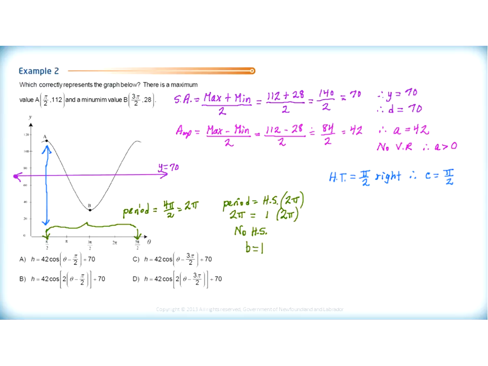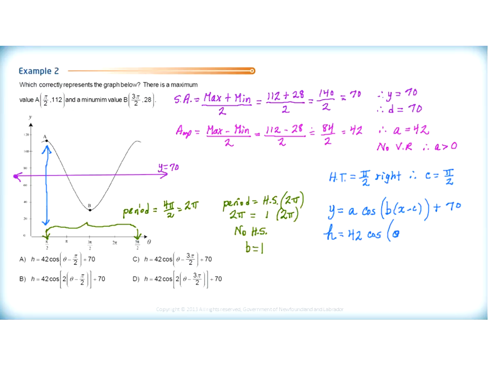And now in terms of cosine, the graph y equals a times the cosine of b times x minus c plus d can be given by y, which represents the height, is equal to a, which is your amplitude of 42, multiplied by the cosine of b, which is just equal to 1, times theta minus the value of c, which is pi over 2, plus 70.